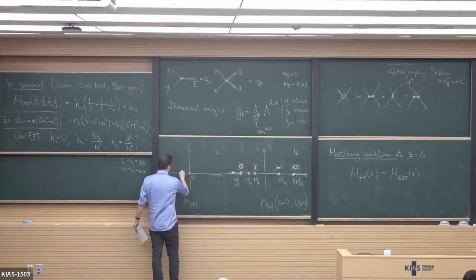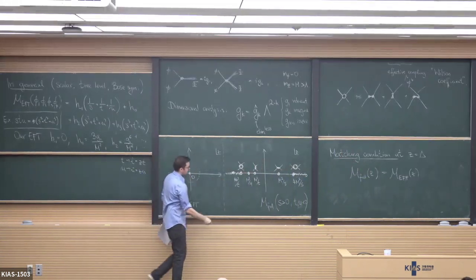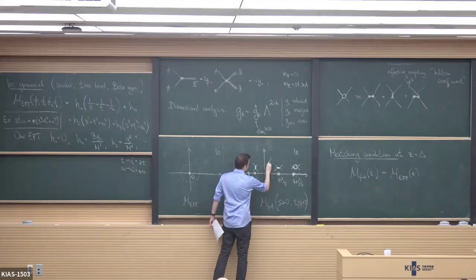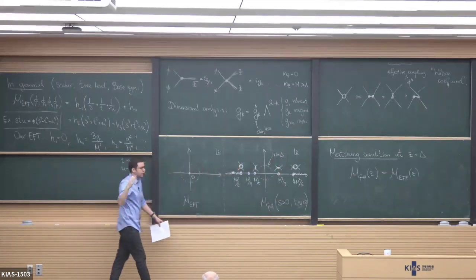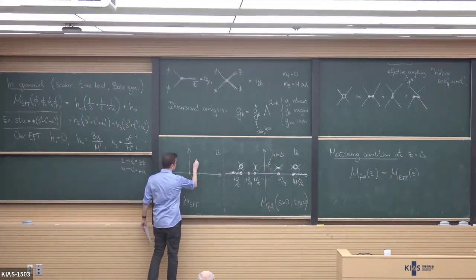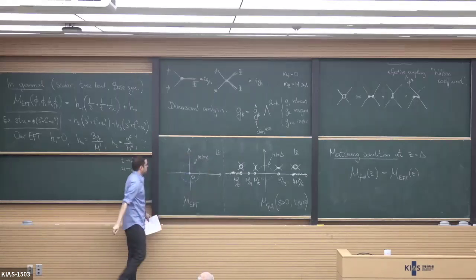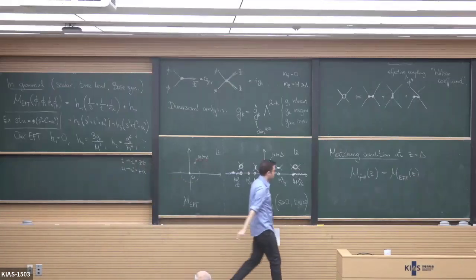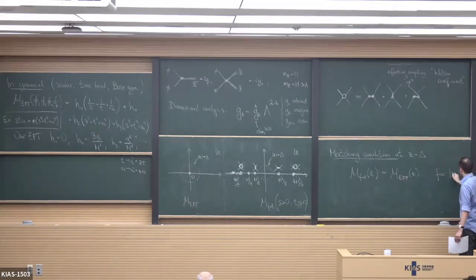You can imagine a circle that encloses all the low energy stuff, but none of the high energy stuff. That circle is absolute value of z equal to some delta. It's up to me how I choose delta, as long as it's below the cutoff. Then I impose this equation at z equal to delta.